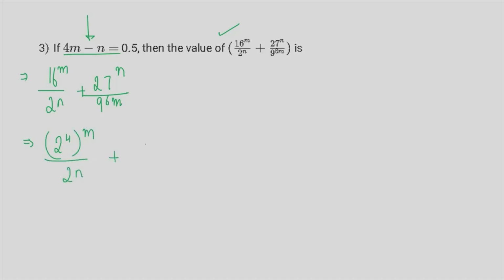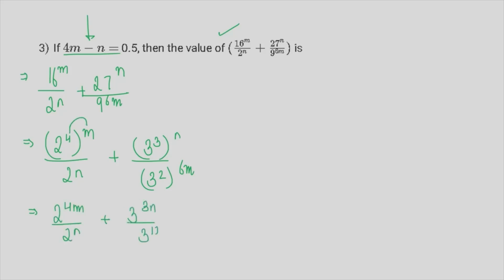And 27 can be written as 3 raised to the power 3. And 9 can be written as 3 raised to the power 2. Powers get multiplied. Now since we have the same base in numerator and denominator, we can club the powers. We have negative sign with the n because n is coming from the denominator.